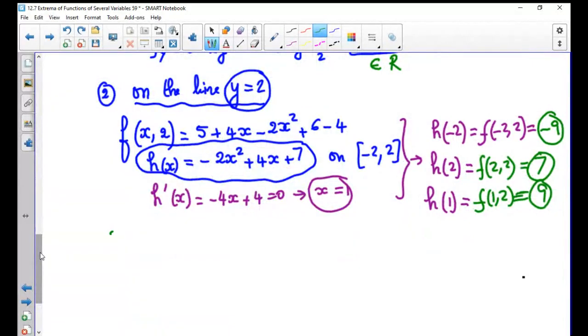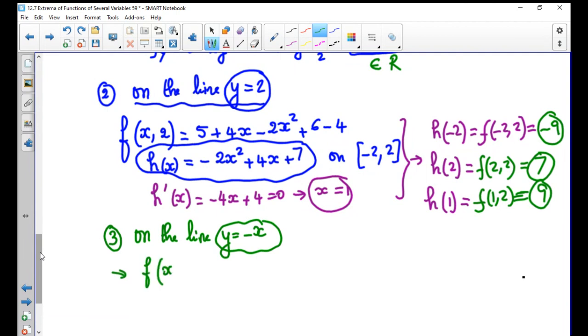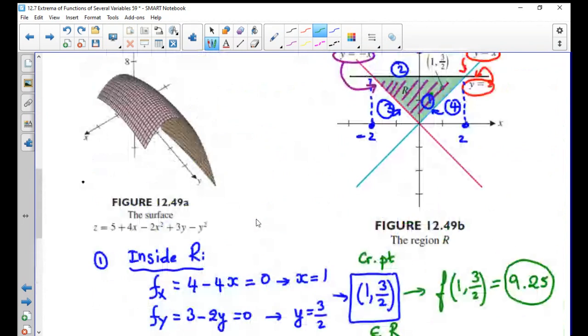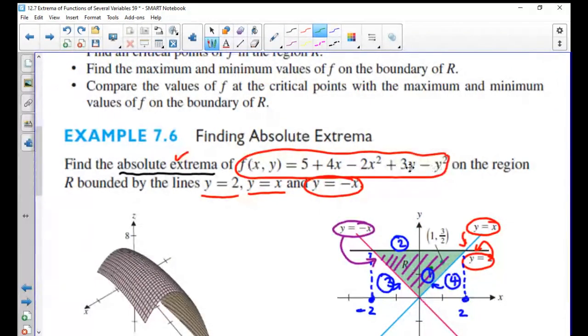Number 3, what happens to our function on the line y equal minus x? So this time it's f of x, the y is minus x. Exactly. So I substitute, I go to the function f here. Every y, I replace the y with what?